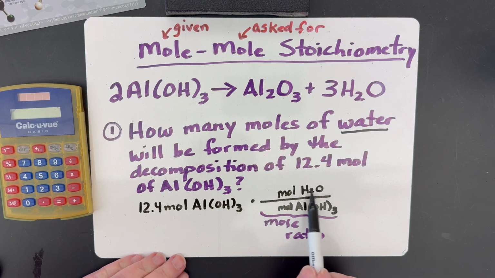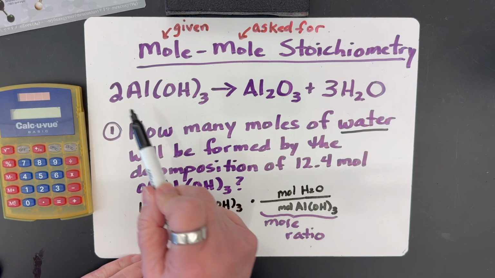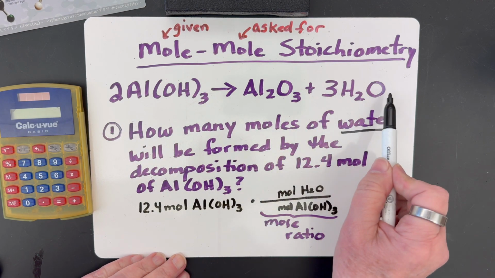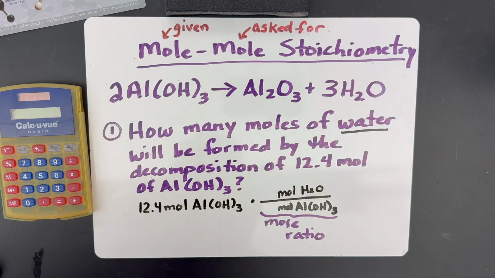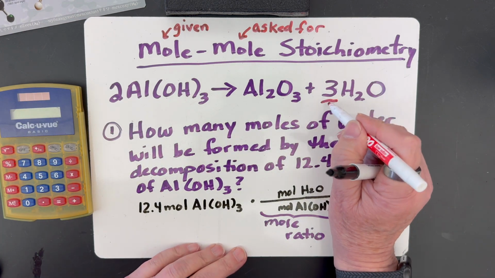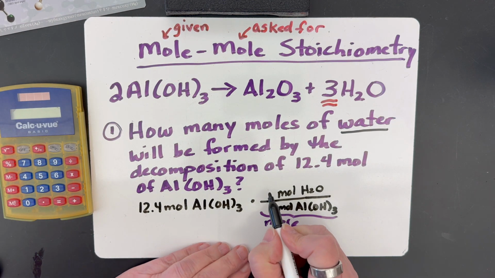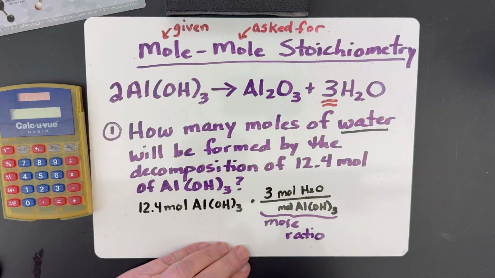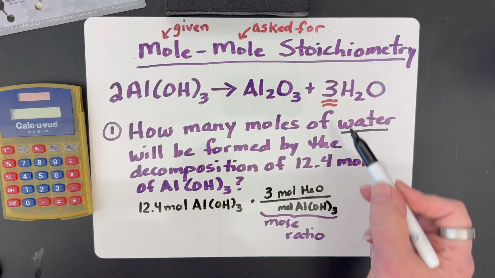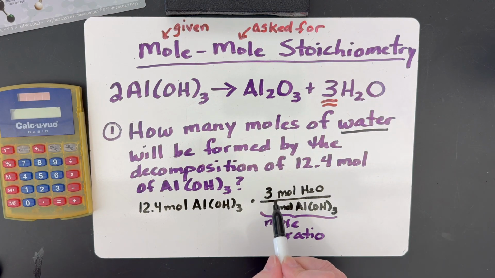So in front of water, we need to go up to our balanced equation, find water, and the coefficient in front, 3, is what I'm going to put in front of my water here. So this 3 comes down here into the equation.